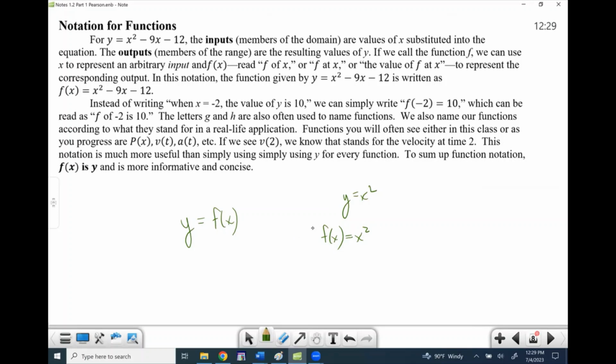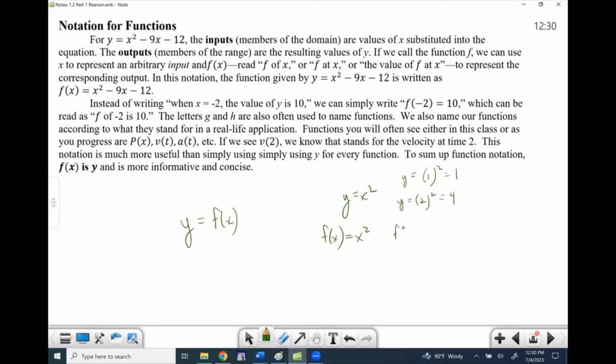Like for an example, let's say it's this one right here. If I were to plug in a 1 in y equals 1 squared, we get 1. And then if I plug in a 2, we get 4. So here it's y equals 1, and y equals 4. When I see this 1 and this 4, I've lost what the x value was that goes along with it.